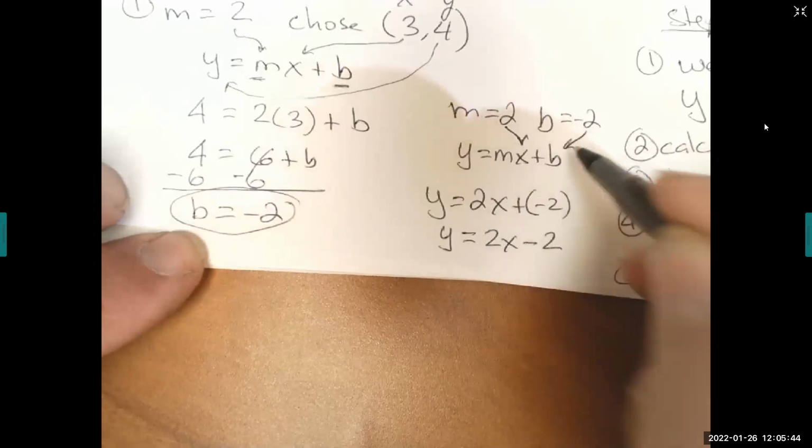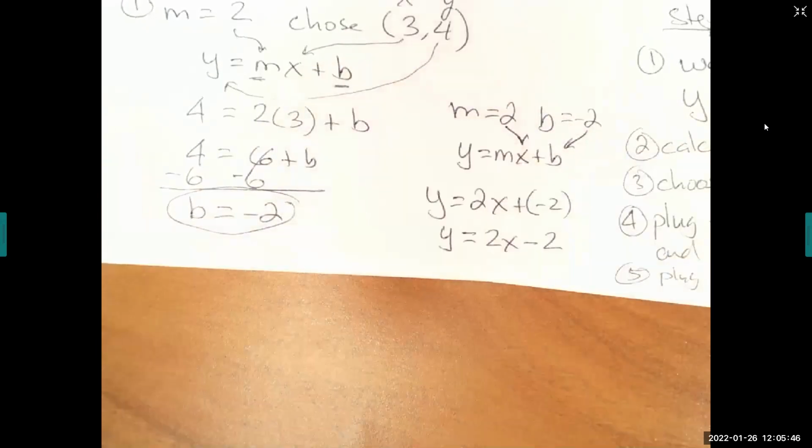Just plug those in and go for it. Because here you only have to find one thing, which is b. It will save you a lot of time if you do it this way. But again, you could use whatever method you want.